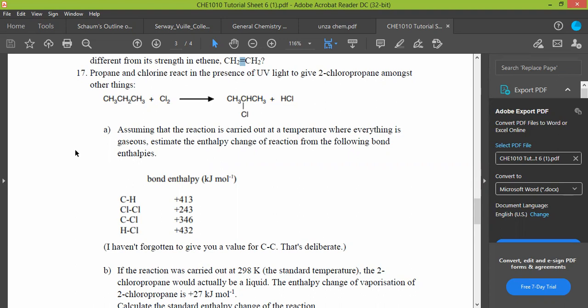So the enthalpy of the reaction is equal to the sum of the bond energy of reactants minus the sum of the bond energy of products.